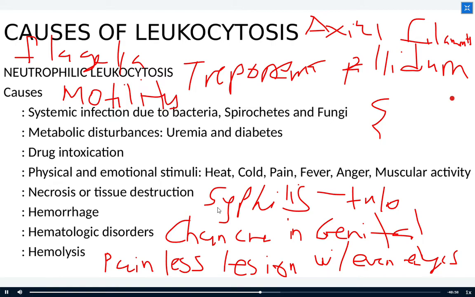So this is responsible for your motility class. Now, hindi mahabol ng neutrophils niyan. Since they can't catch it, hindi nila mahuli, they're gonna call for help. They're gonna cause neutrophils to be constantly produced, causing increased neutrophils.